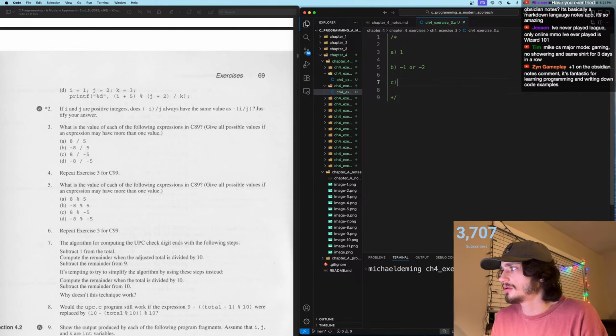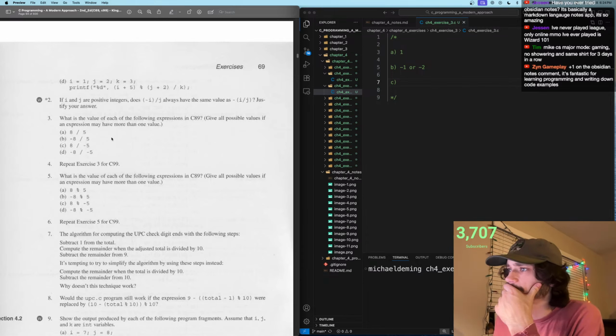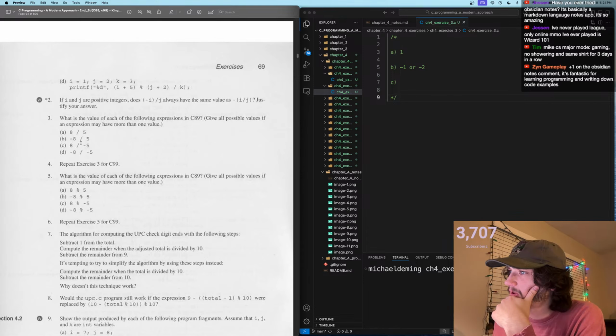And C, if we did the 5 on this end, oh God. It's hard because I'm not using C89, so it's not like I can really test it. So if the negative is on the right side, I don't think it should matter. I think it should probably be the same as.